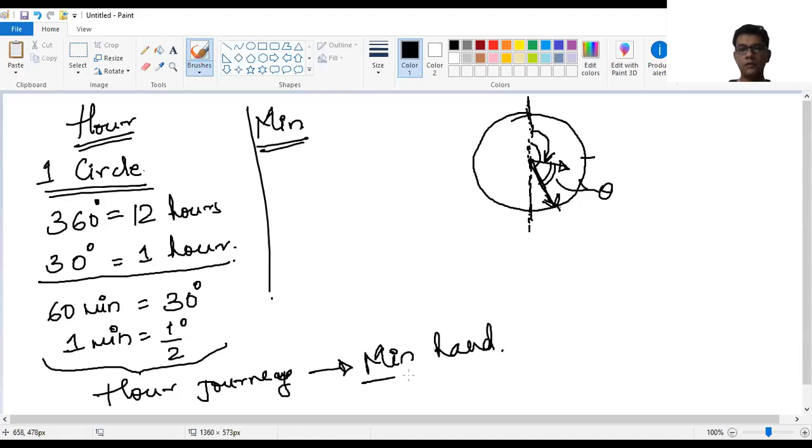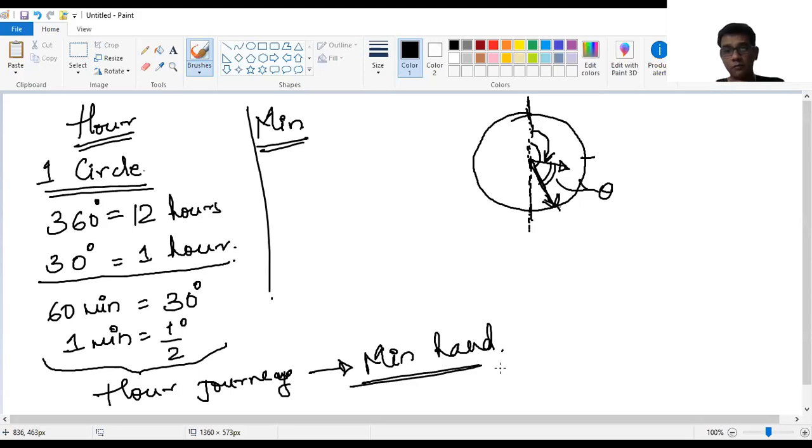If the minute hand stops rotating, the hour hand will not rotate. Imagine your clocks, guys. You will find the hour hand moving only when the minute hand moves. You do not find the vice versa.